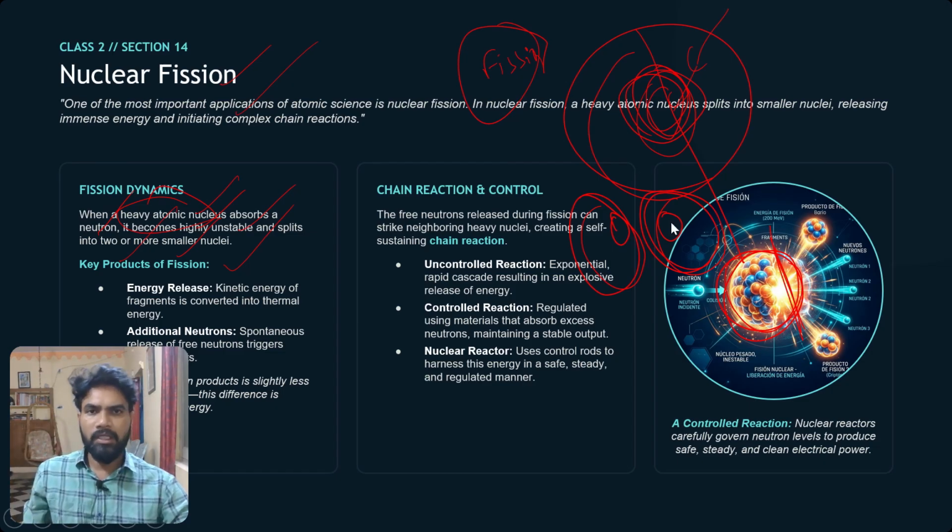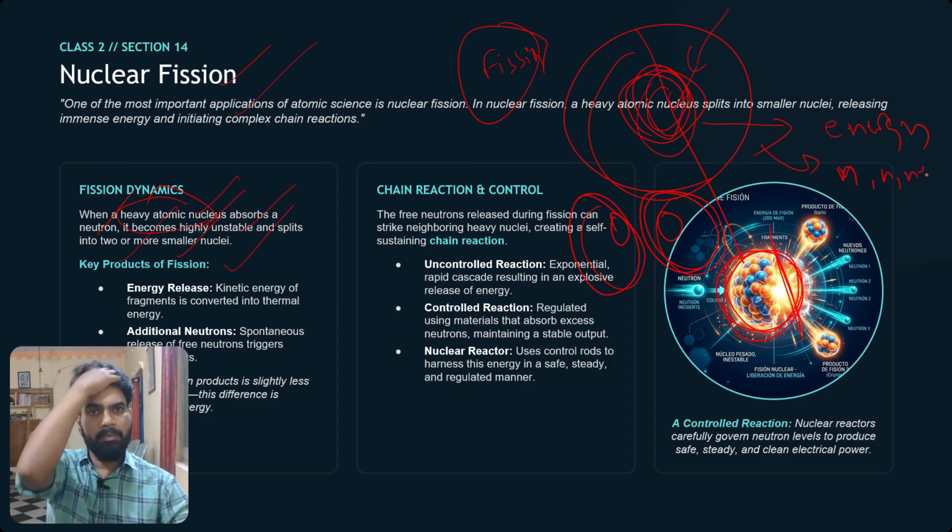When we study nuclear energy, we will study it in much more detail. This is the concept of nuclear fission. So what is the result? A lot of energy is released, and some free neutrons will also emerge in this process. That is what is called nuclear fission.